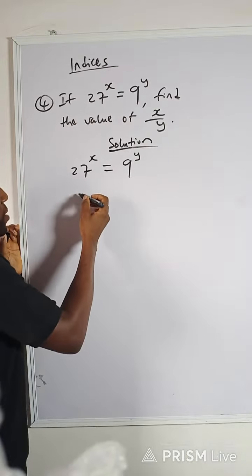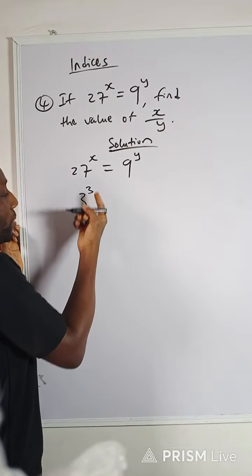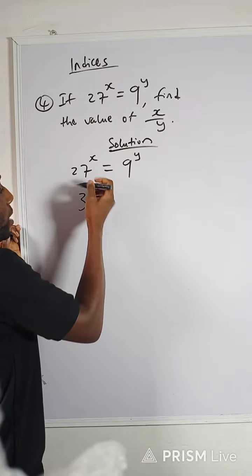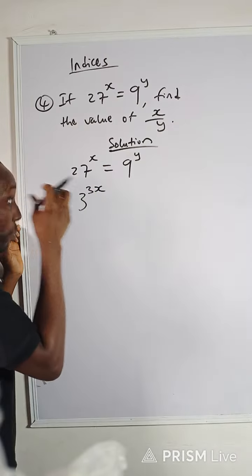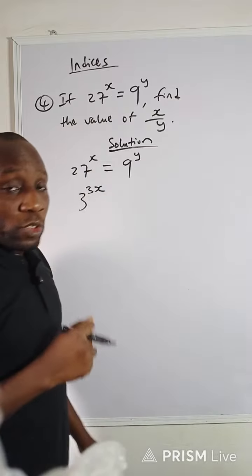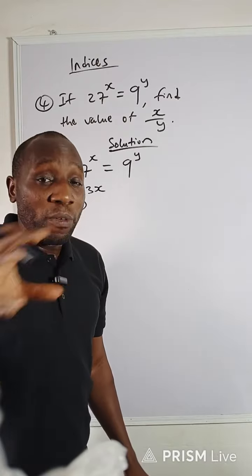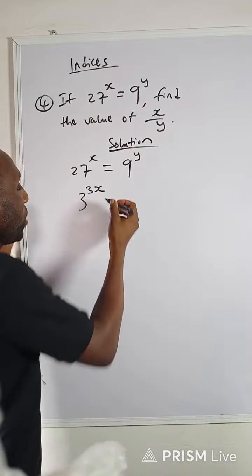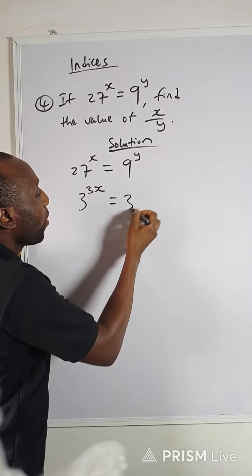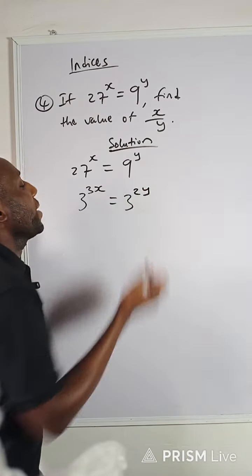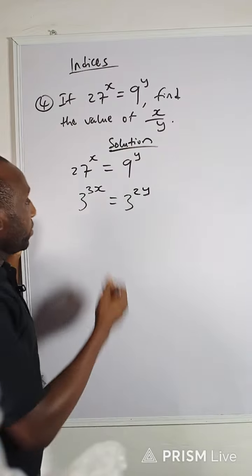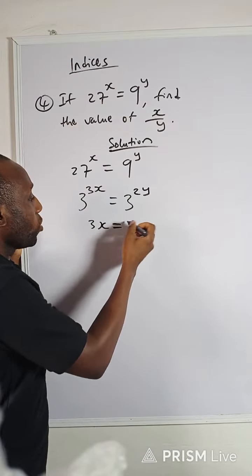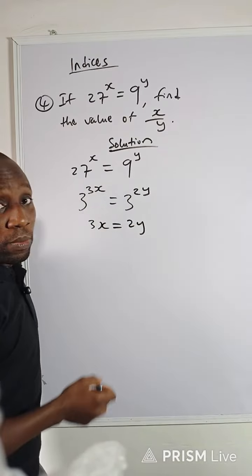So 27 will be 3 raised to the power of 3, since 3 times 3 times 3 is 27, and we still have the x multiplying the exponent. What about 9? 9 is 3 to the power of 2, times y. So let's equate the exponents: 3x is equal to 2y. Are you with me?